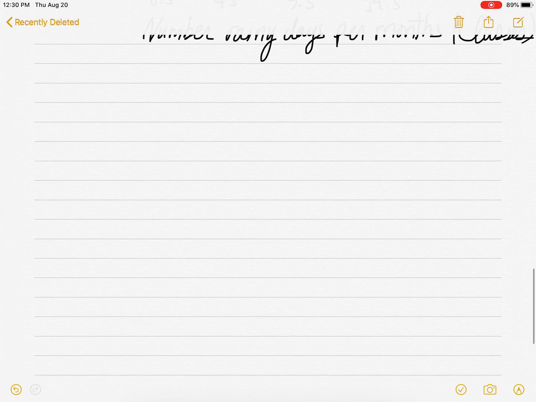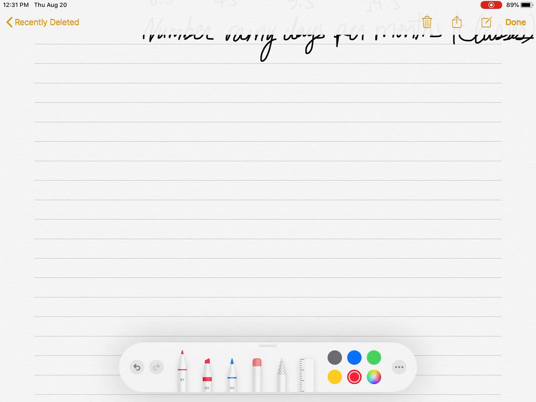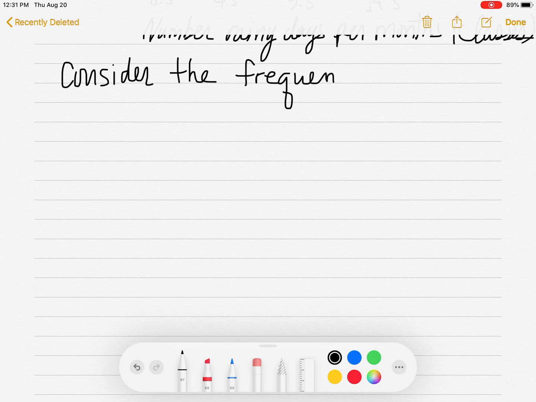Okay, so let's do an example where we're looking at temperature. So, let's say we have temperatures for the month of July. So, here I'm going to have a frequency distribution. Consider the frequency distribution.